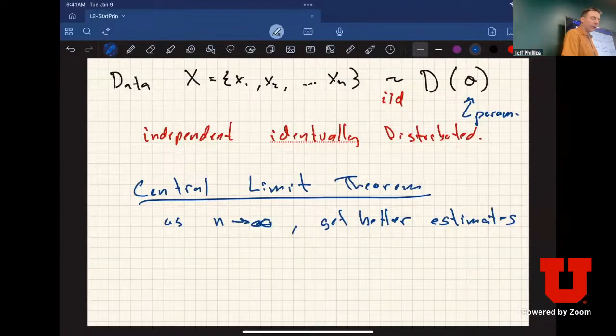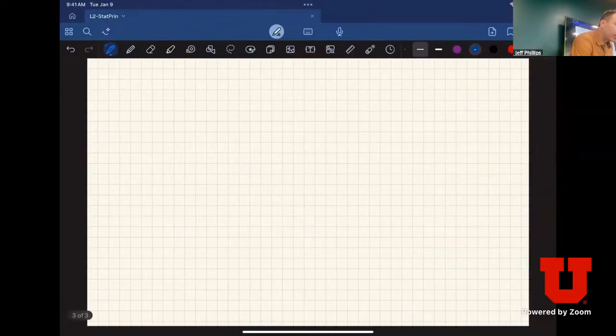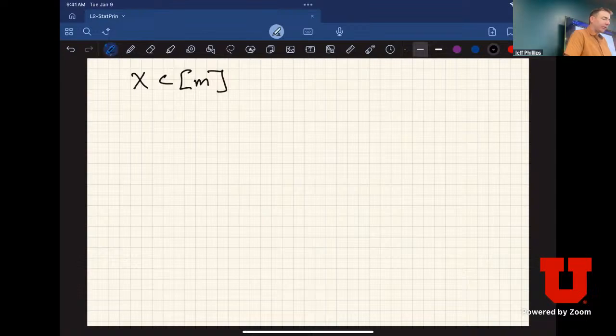Okay, so today we're going to have a very simple model. We're going to say that X will be a subset of what I will write as this square bracket M. This is going to be the set of 0, 1, 2, up to M minus 1.